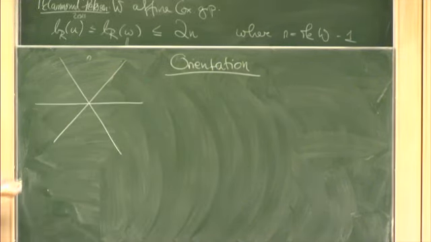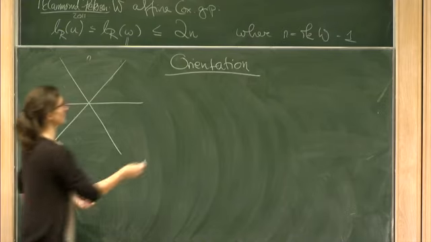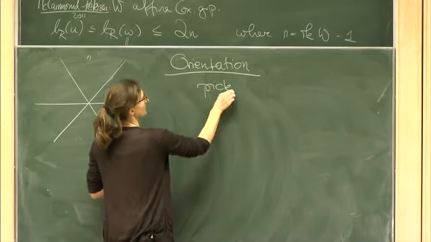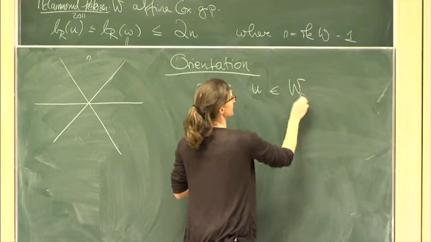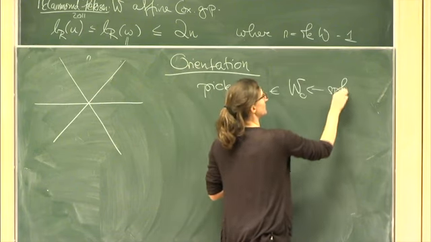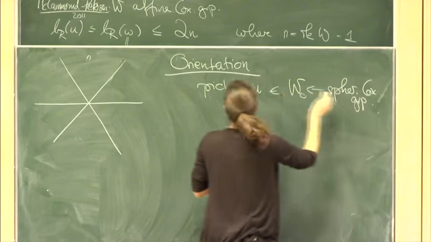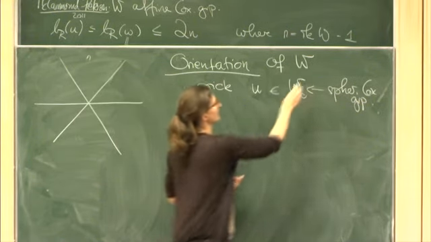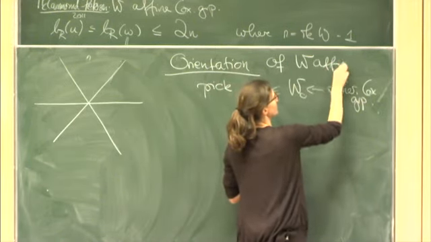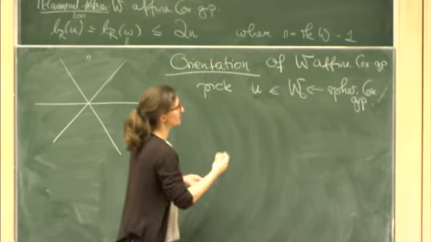So an orientation here really corresponds to a position of the sun. Okay, so what we do is we pick an element, call it U, in the spherical Coxeter group. And what we want to orient is the corresponding affine Coxeter group, or actually Coxeter complex.